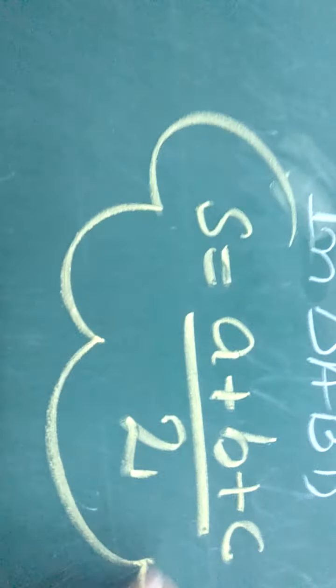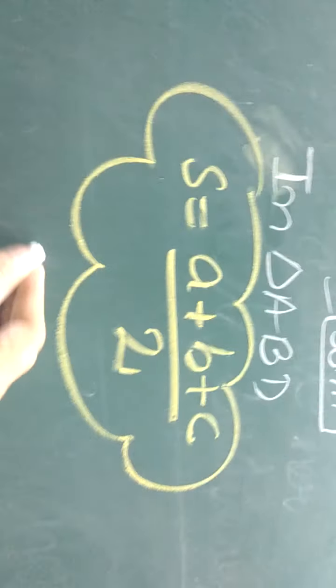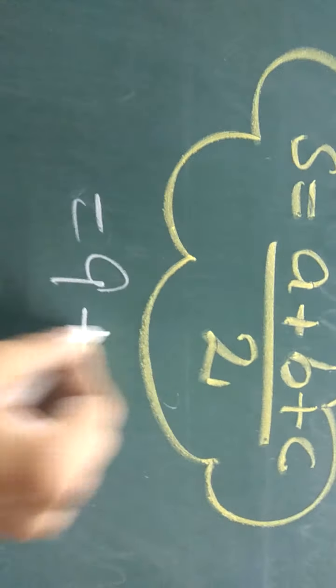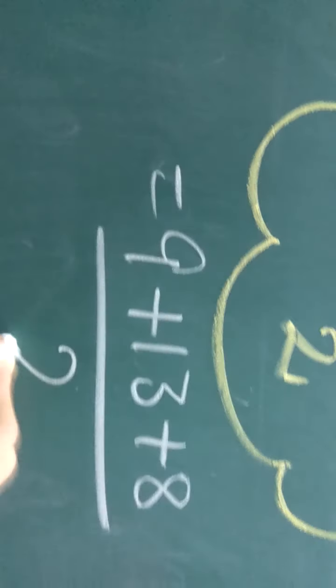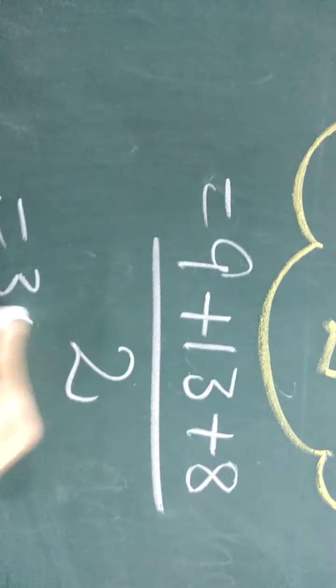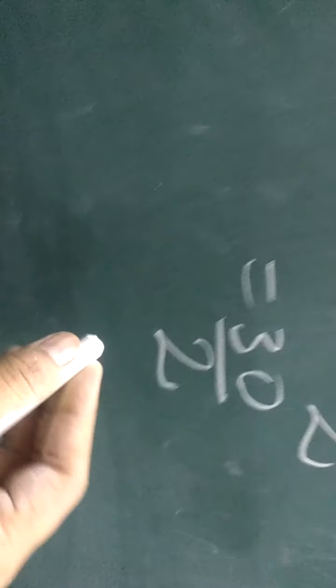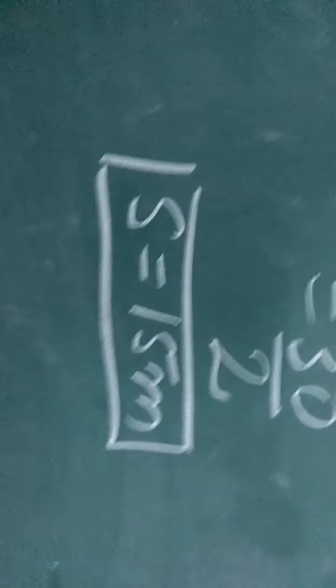Now we know all the three sides, 9, 13, 8. So we'll put the values, 9 plus 13 plus 8 divided by 2. This is 21 plus 9, 30, divided by 2, and we'll get semi-perimeter as 15 meter.